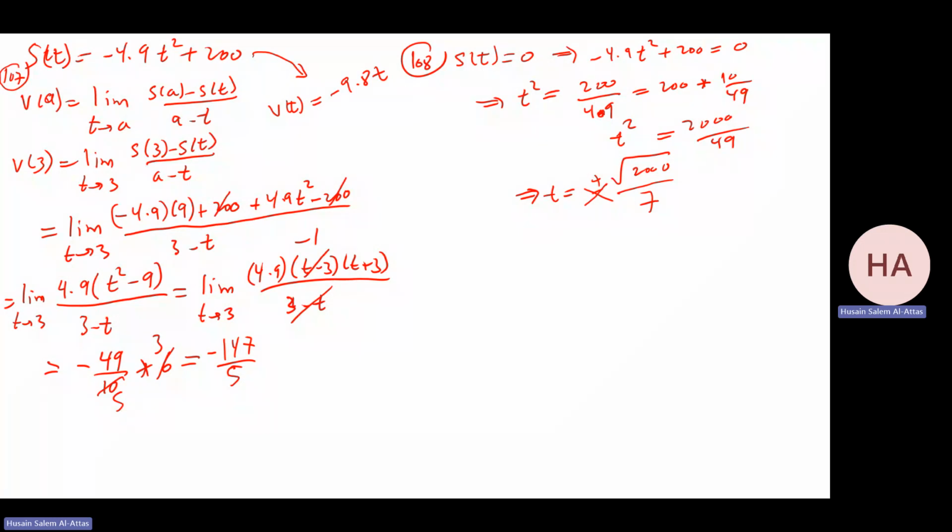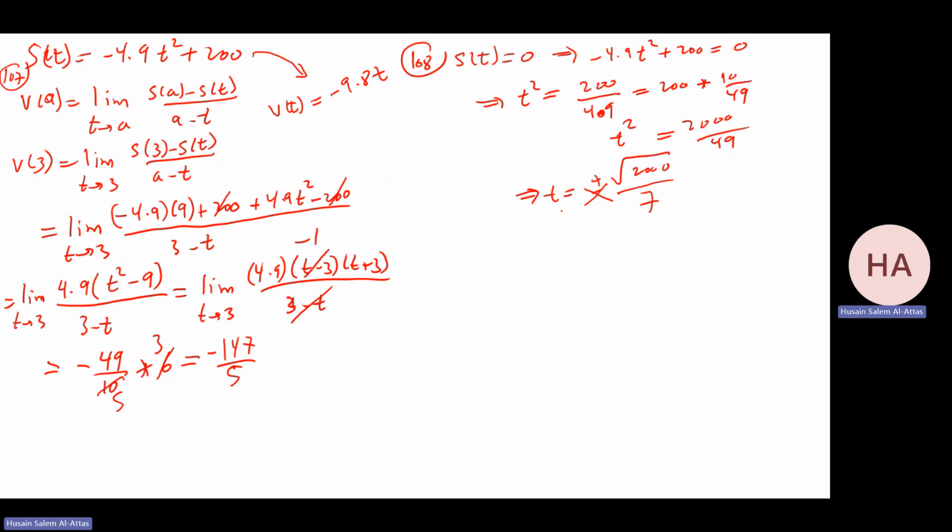Yeah, we can find t easily. So this is minus 9.8 times t, which is 98 over 10 times t, which is 49 over 5.